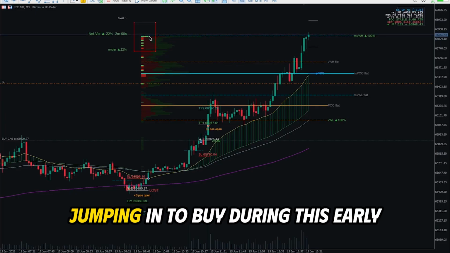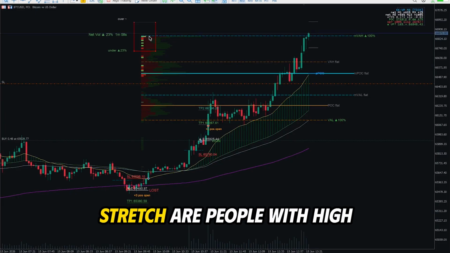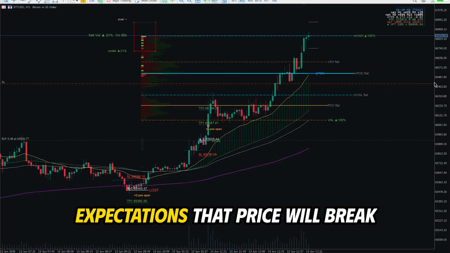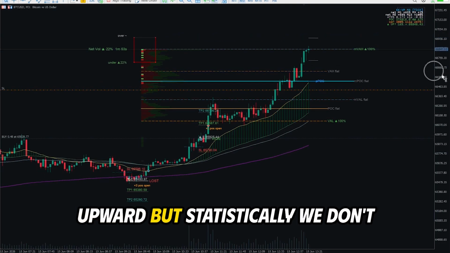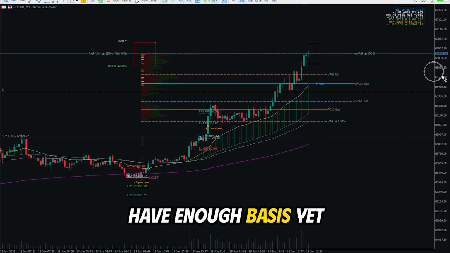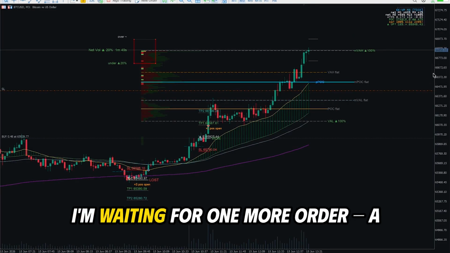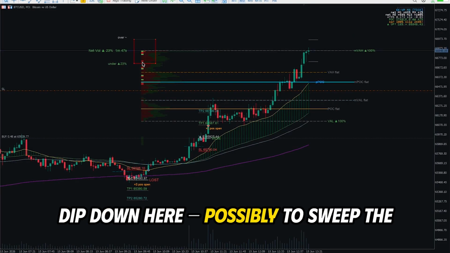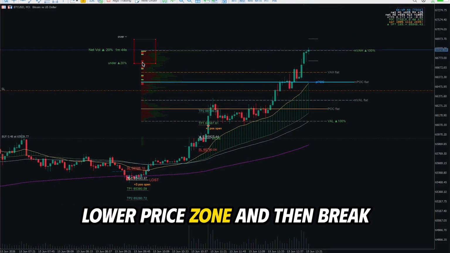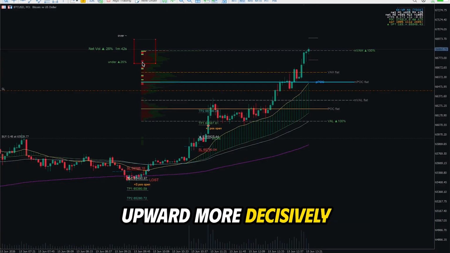Those who are jumping in to buy during this early stretch are people with high expectations that price will break upward. But statistically, we don't have enough yet. I'm waiting for one more move, a dip down here, possibly to sweep the lower price zone and then break.